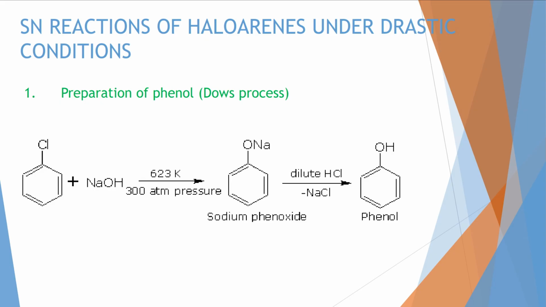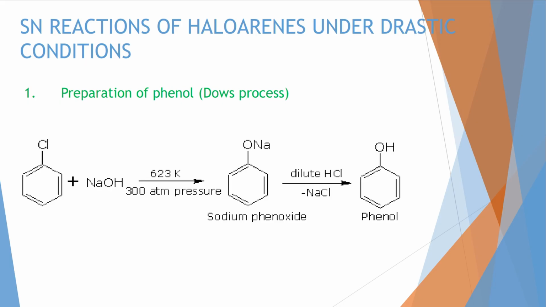In this process, chlorobenzene reacts with sodium hydroxide at very high pressure and high temperature to give sodium phenoxide, which subsequently reacts with dilute HCl to give us the product phenol.